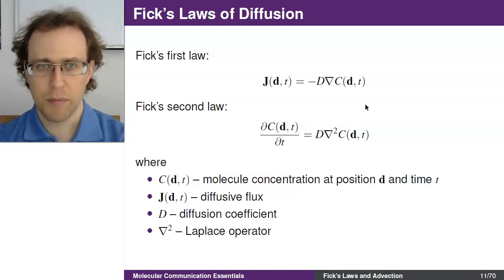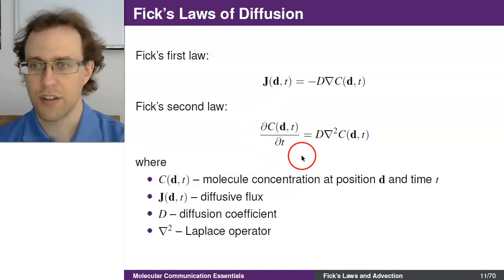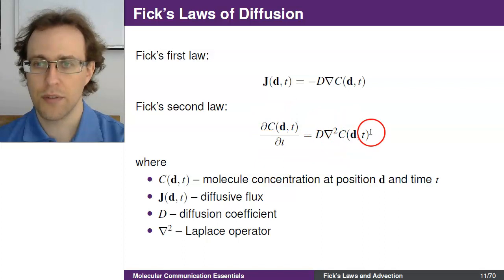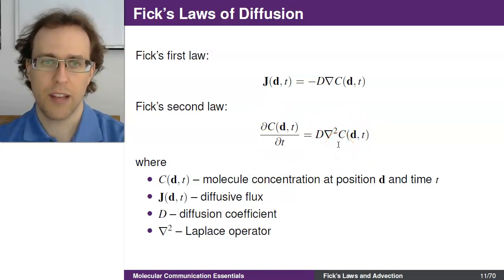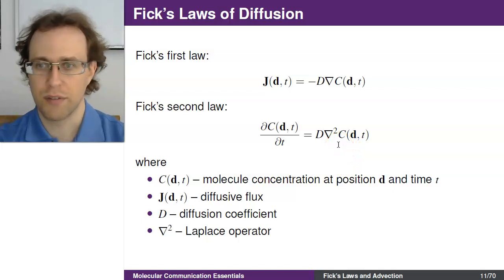A bit more relevant, though, is Fick's second law. This gives that the rate of change with respect to time of the concentration is equal to the diffusion coefficient multiplied by the Laplacian of the concentration. And the Laplacian is just a second-order spatial derivative.